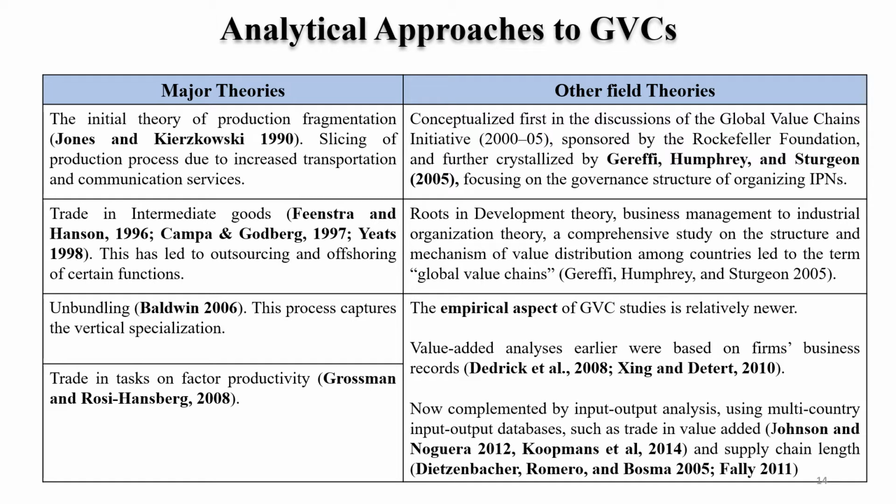They try to identify several conditions, and the extent of trade and the possibility of success of global value chain depends on the nature of conditions between the lead firm and the suppliers, especially if they are located in different countries. The next slide is going to talk about that.